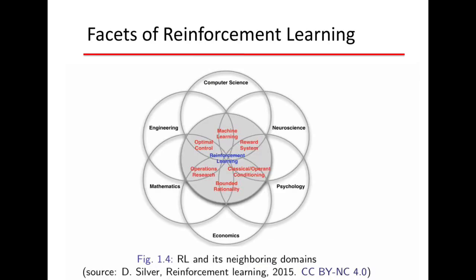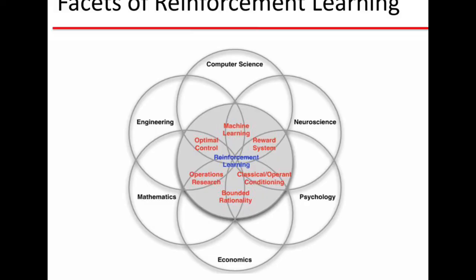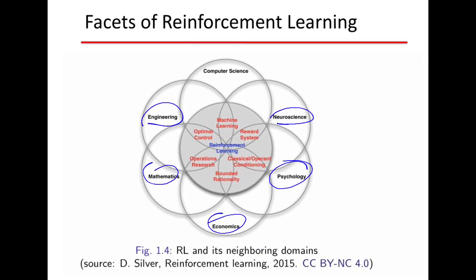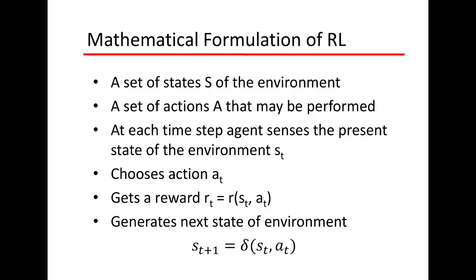It interacts with a lot of areas: computer science, AI, machine learning, engineering, right? If you are designing a robot, a lot of engineering will have to go in. Neuroscience as well, mathematics obviously, economics and psychology as well. So it's quite an interdisciplinary area which has overlap with lots of areas.